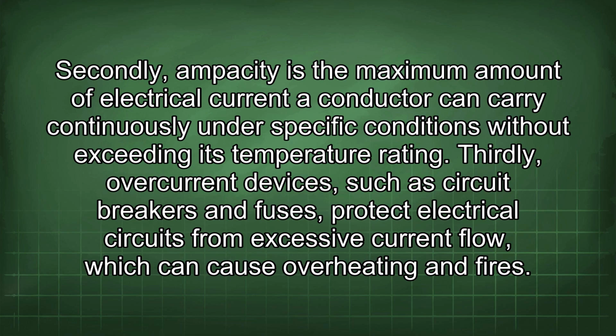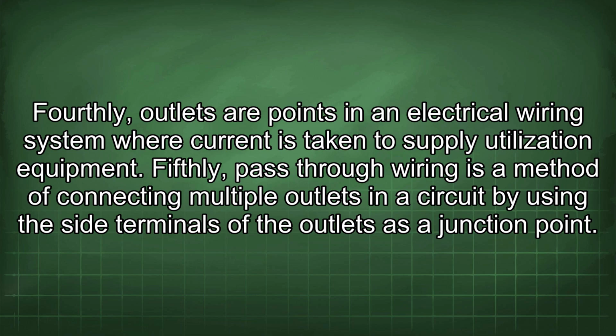Thirdly, overcurrent devices, such as circuit breakers and fuses, protect electrical circuits from excessive current flow, which can cause overheating and fires. Fourthly, outlets are points in an electrical wiring system where current is taken to supply utilization equipment. Fifthly, pass-through wiring is a method of connecting multiple outlets in a circuit by using the side terminals of the outlets as a junction point.